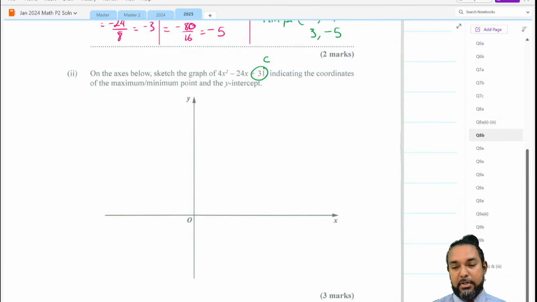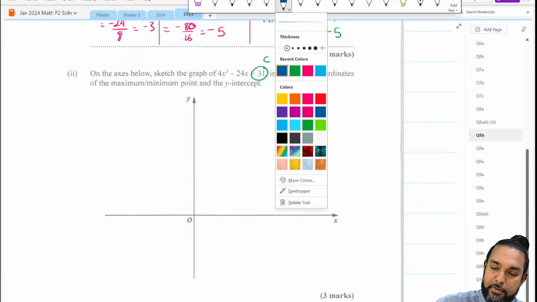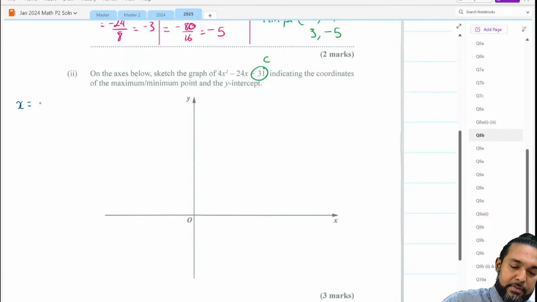We also need roots. But to get the roots in this particular case, we need the formula. All right, let's do the formula. So x is equal to minus b plus or minus the square root of b squared minus 4ac all over 2a.